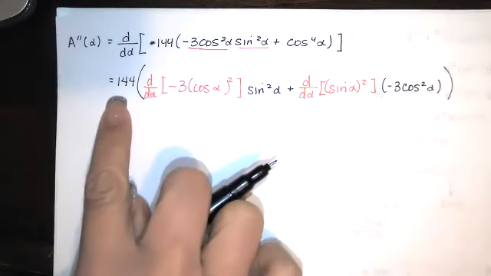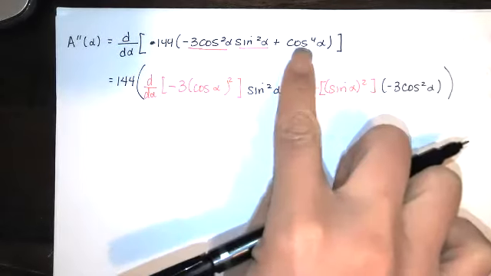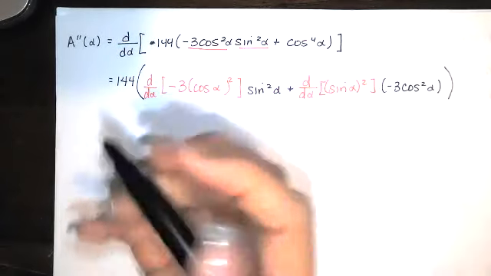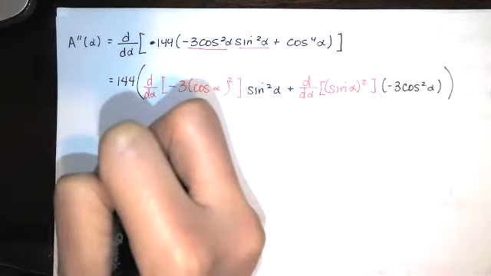All of that is being multiplied by that 144, and the 144 multiplies the derivative of cosine to the 4th of alpha as well. So I'll have a 144 down here.